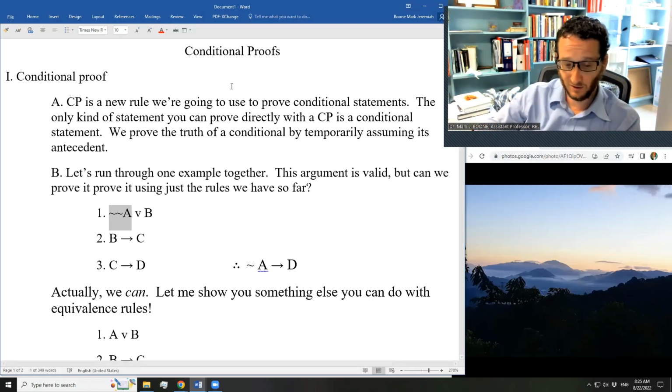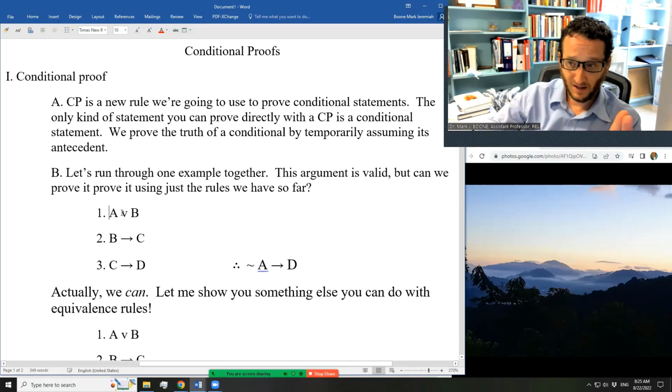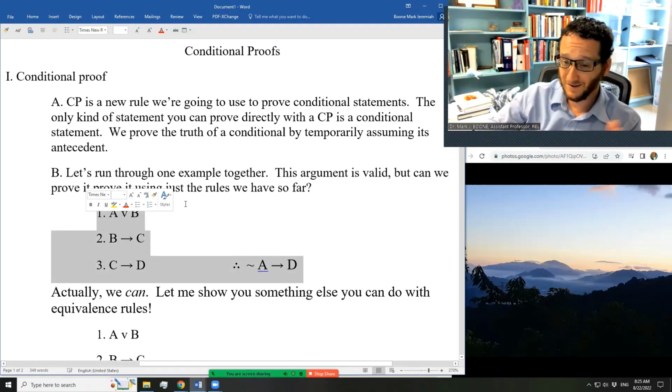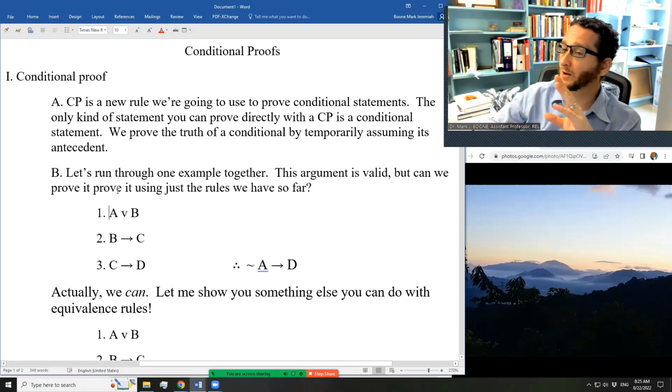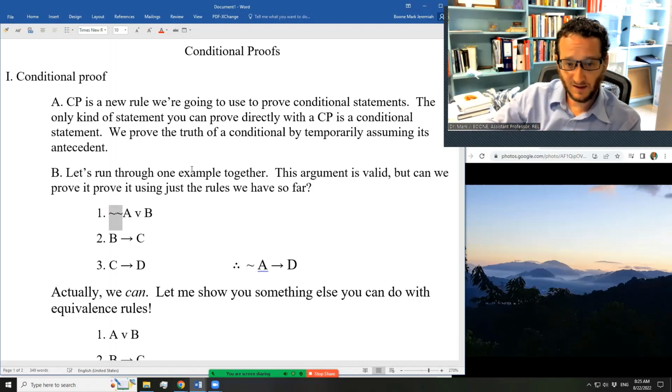So here's an argument that's valid. If A, then either A or B; if B, then C; if C, then D; therefore, if not A, then D. And the equivalence rule, double negation, means that not not A and A mean the same thing.